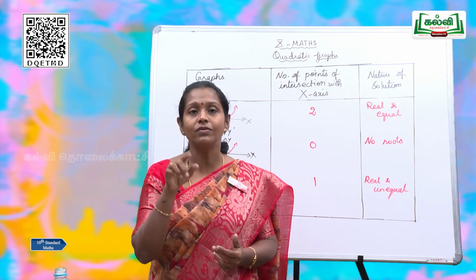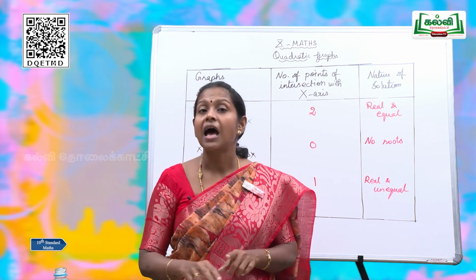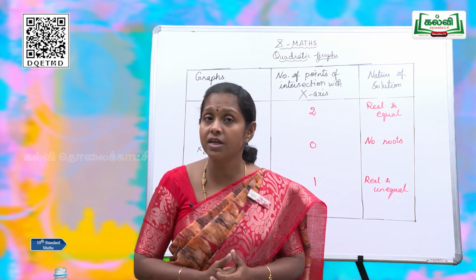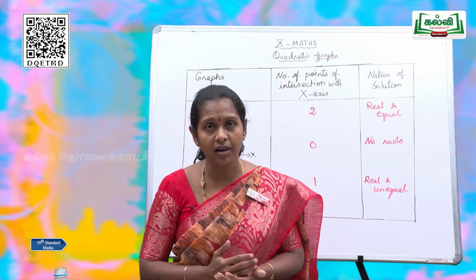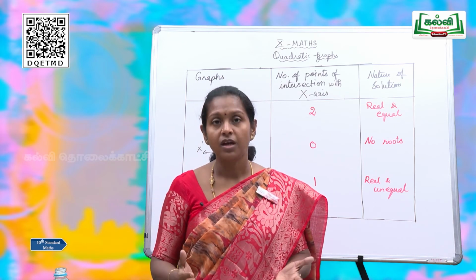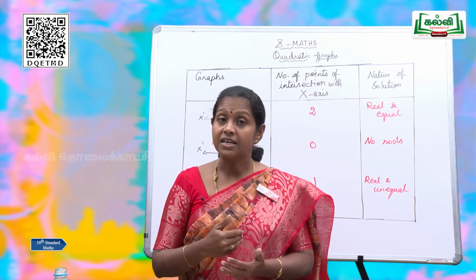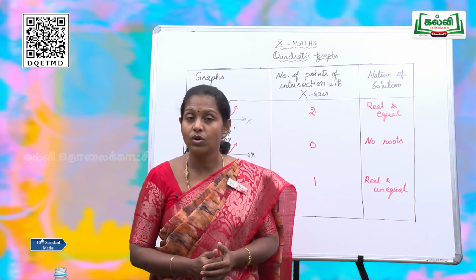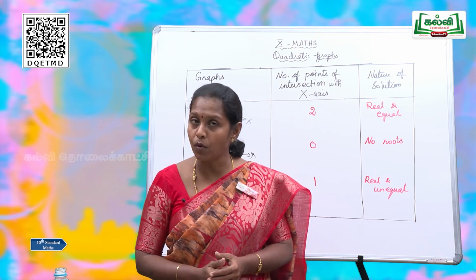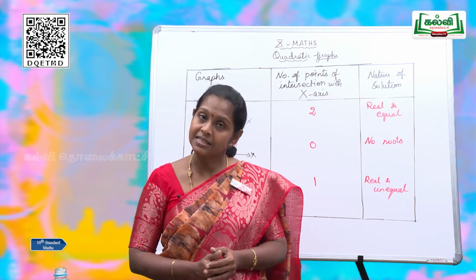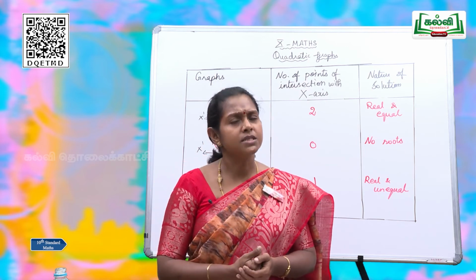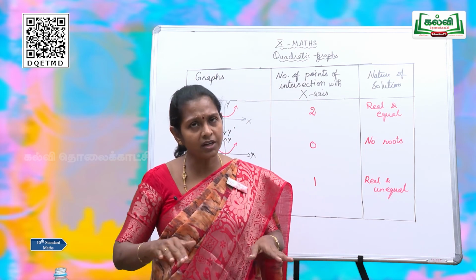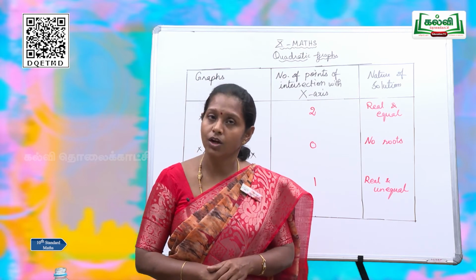When the curve touches the x-axis at 2 points, what is the nature of the roots? Yes, real but unequal. Suppose the curve touches the x-axis at only 1 point. That means it has a root, but it is real and equal. Suppose the curve does not touch the x-axis, no roots.